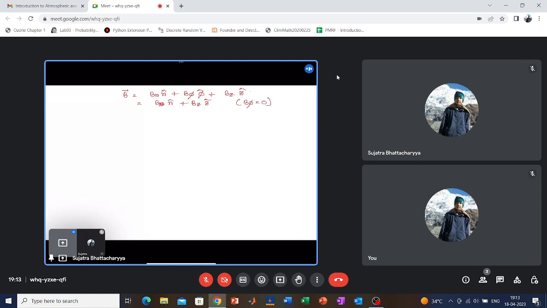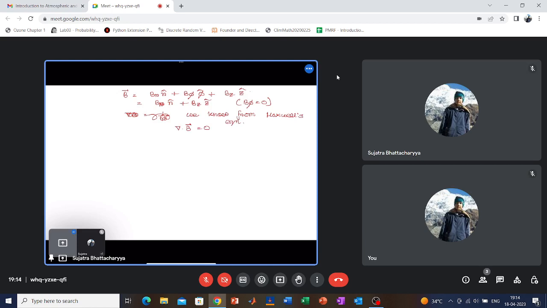Now this grad of B can be written as 1 by R. So this is not the grad of B. We know from Maxwell's equations that del dot B is equal to 0, no divergence.